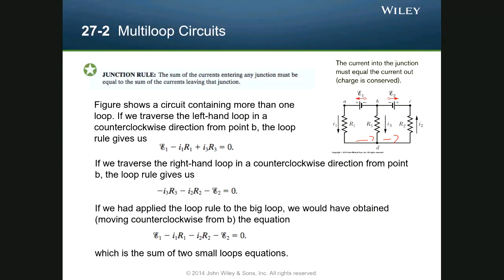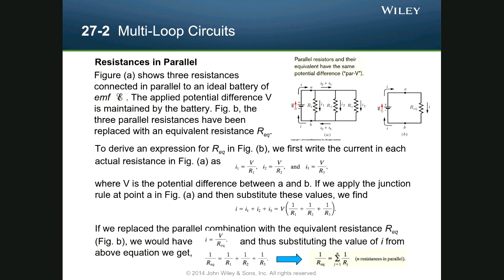All right. Let us go through here, and we're going to look at resistors in parallel. Much like we saw with capacitors in parallel, we only have one battery. This makes the currents easy to figure out.